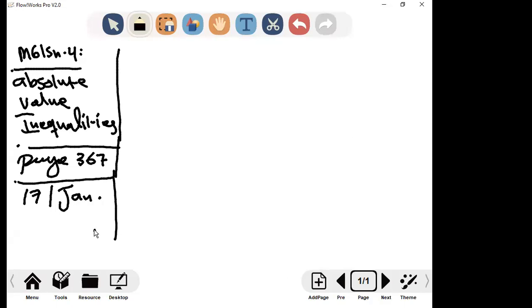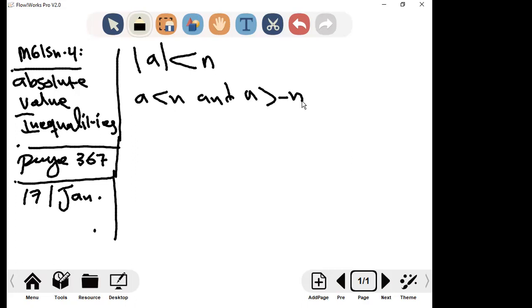Yesterday we took this case: if the absolute value of A is less than n, and n is non-negative, it can be 0 or a positive number. Then A is less than n and A is more than negative n.